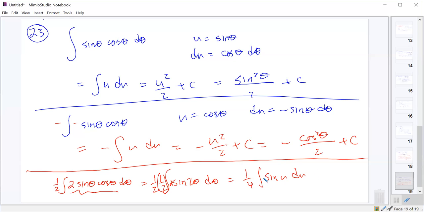And the integral of sine is negative cosine, so you get negative 1/4 cosine u, which was cosine 2 theta, plus your constant. And that one is there as choice B. So 3 different ways to integrate that. Only one of them really gives us the nice answer that we're looking for.